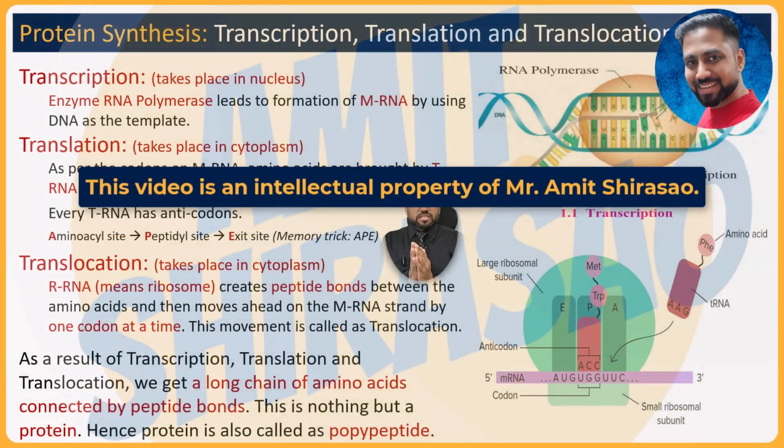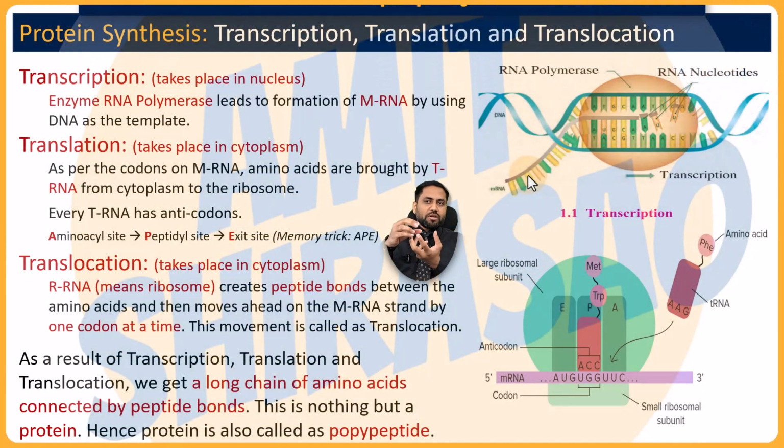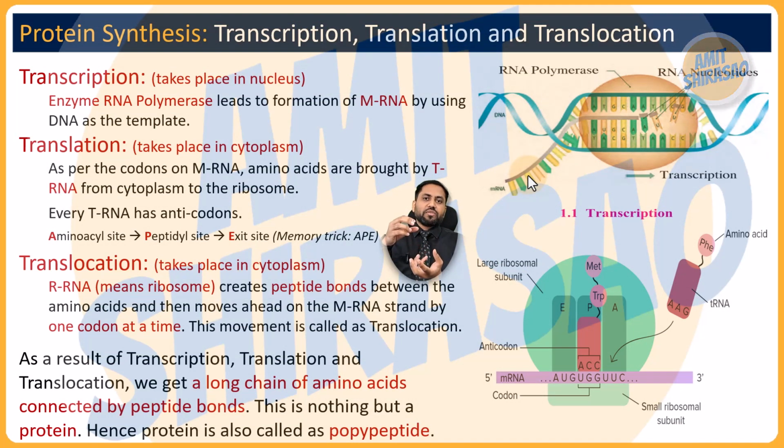Now in the cytoplasm, it binds with the small subunit of the ribosome. Okay, that small portion will move in the 5 prime to 3 prime direction, and as soon as it gets the start codon, that is where the large unit also connects, and the initiation complex gets created.